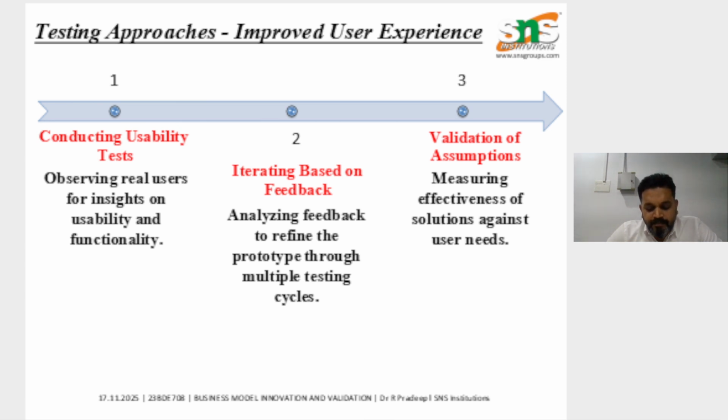Once the prototype has been developed, we first make the necessary tests based on usability and functionality, observed from the customer side. The next stage is to give it to multiple customers.